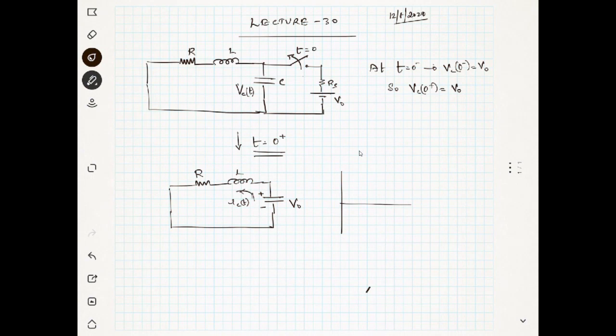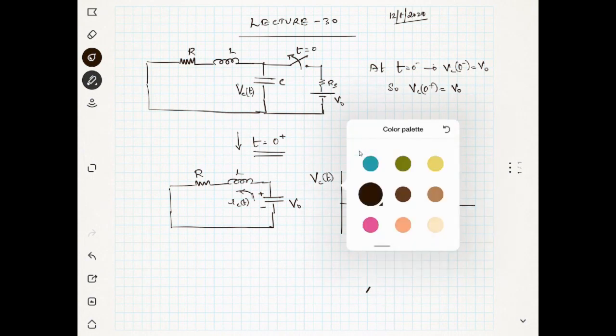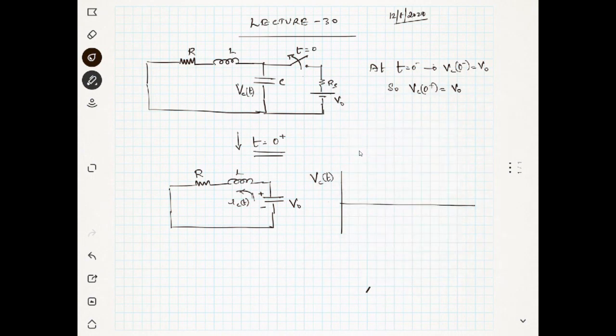So what will happen to the initial voltage? Can you tell me? The voltage across the capacitor Vc of t decreases. It will be transferring energy to the inductor, and the inductor also will transfer energy back to the capacitor, but there is a resistor in the circuit and it will absorb the energy.